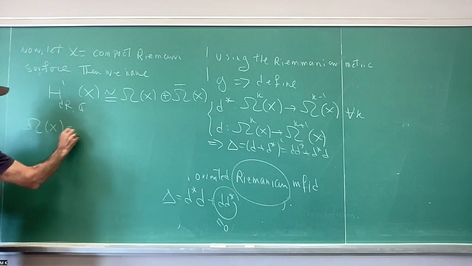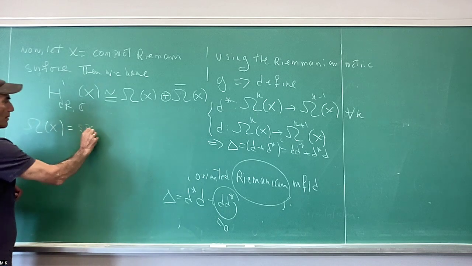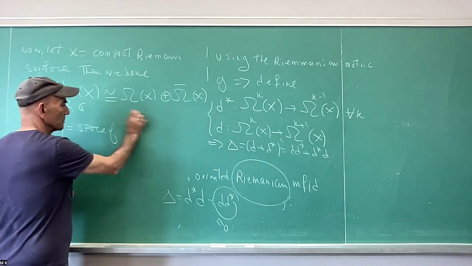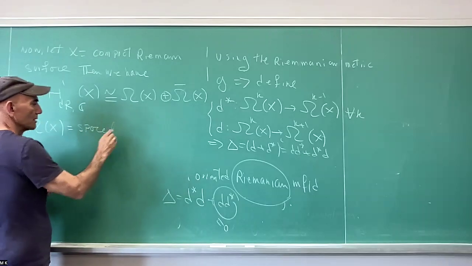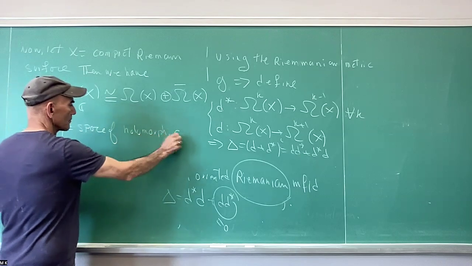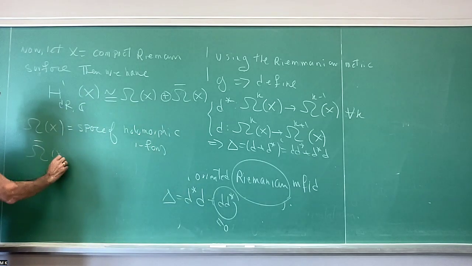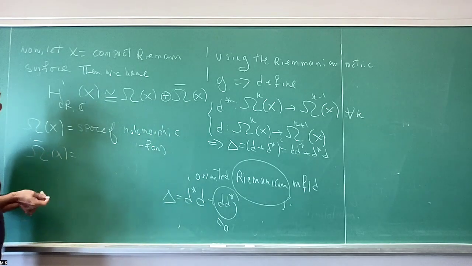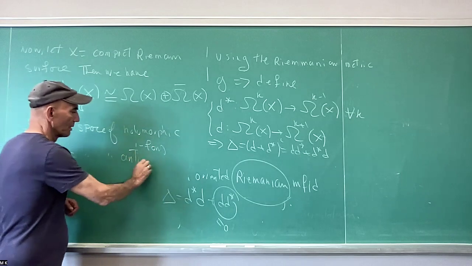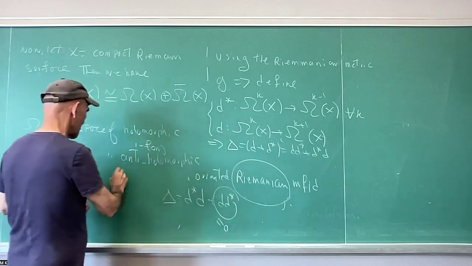So there's a little bit of confusion here. What is Omega of X? Remember, Omega of X was the space of holomorphic one-forms, complex valued, always. And Omega bar of X is the space of anti-holomorphic one-forms.